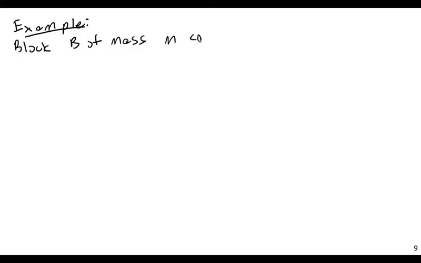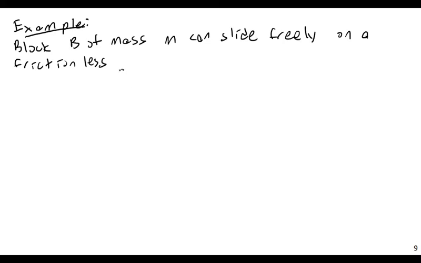Okay, so let's say I have something like this. I have an example again. A block B of mass M can slide freely on a frictionless rod, frictionless arm OA, and I will draw this.